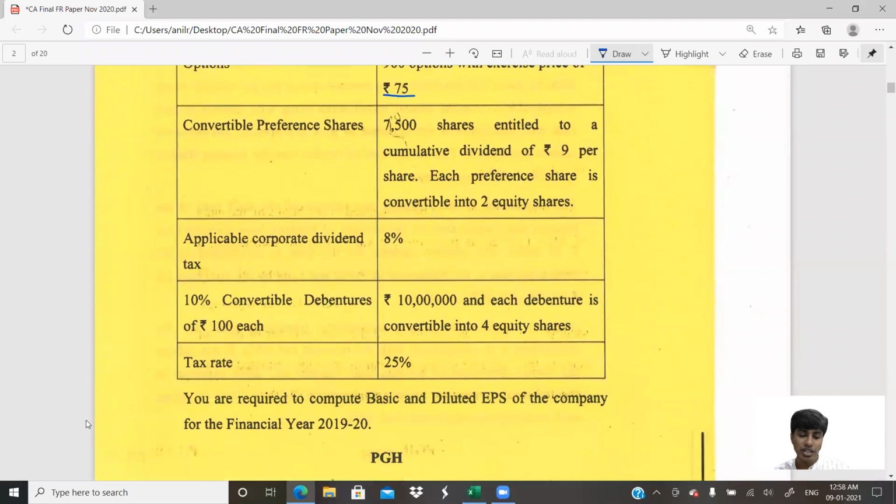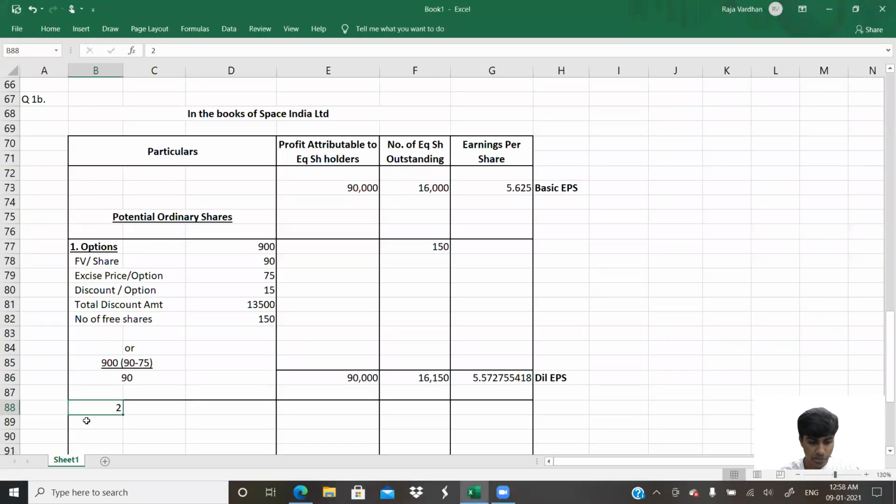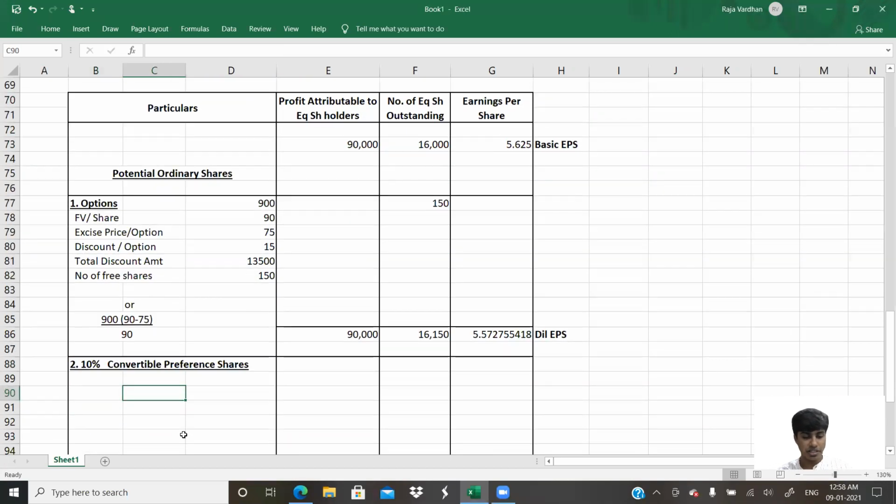We will first do debentures and then come back to convertible preference shares. Yes, 10% convertible debentures.